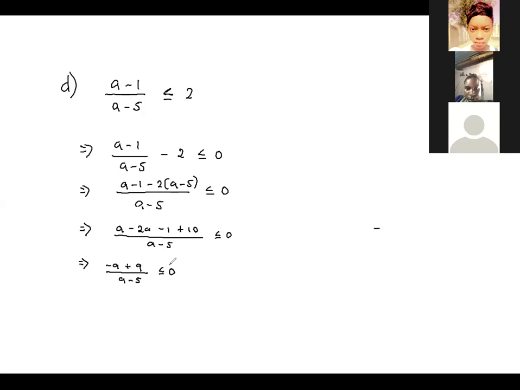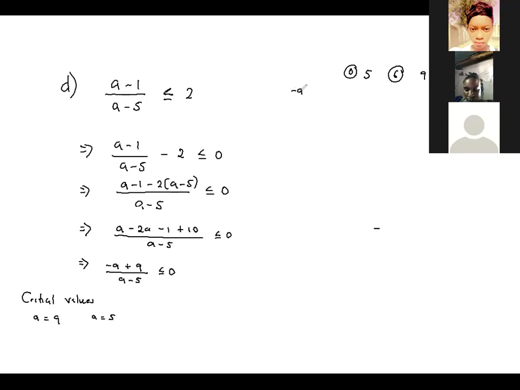Then from there you get the critical values. The critical values, you have a is equal to 9 and a is equal to 5. Then you test. 5 is smaller than 9, and we have 6 in between these guys. We have 10 bigger than 9, and we have 0 less than 5.